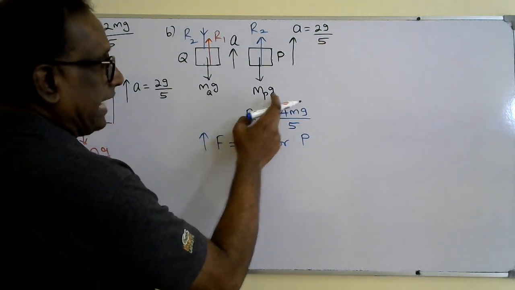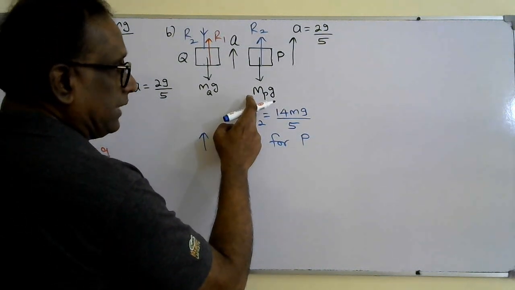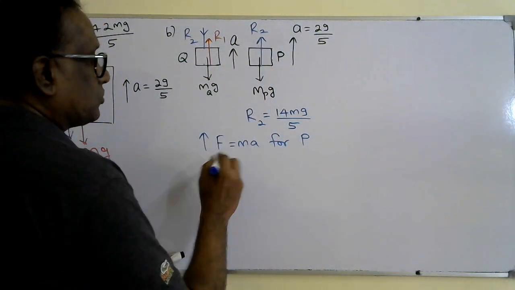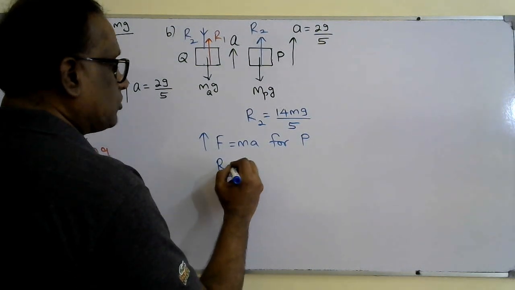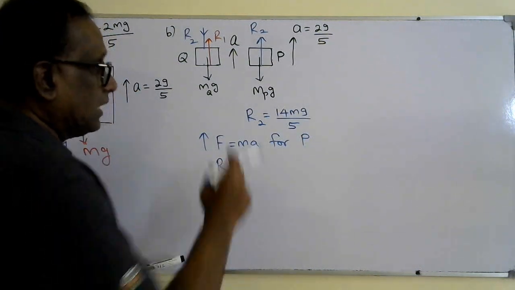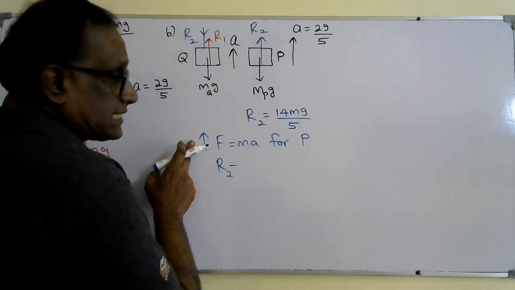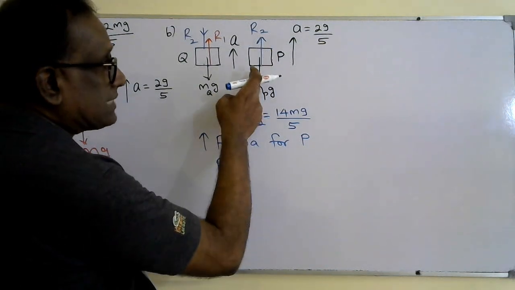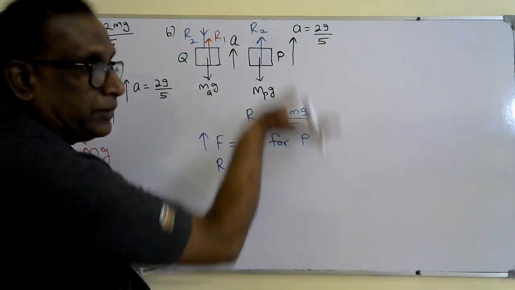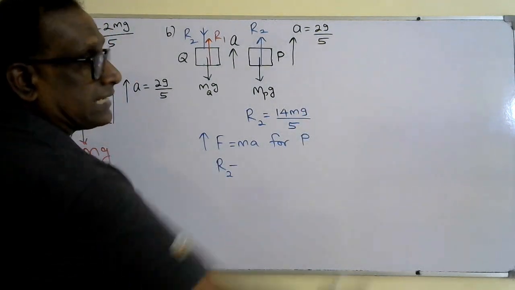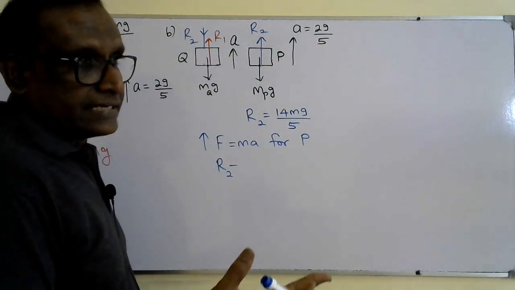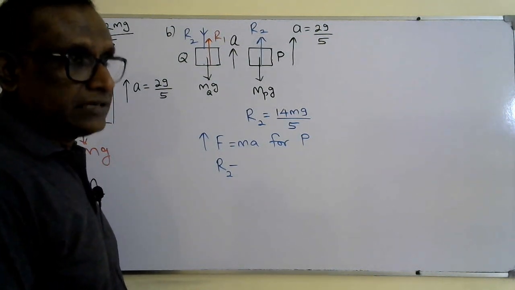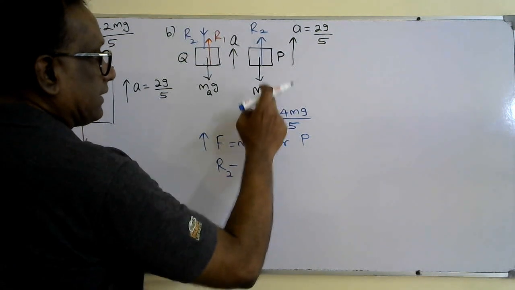One is its weight, mpg, where the mass is mp, and also R2, the contact force exerted by Q on P. R2 is upward and mpg is downward. Since P is accelerating up, the resultant force must be upward, so R2 must be greater than mpg.